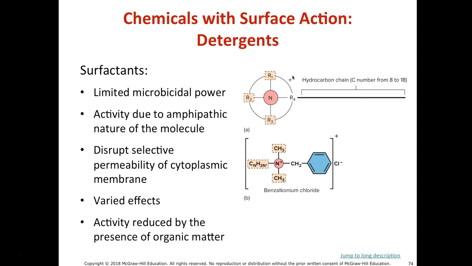We will see that there is a variety of effects, and their activity can be reduced by the presence of organic matter. We'll also see that they function best in alkaline solutions, or a basic type of solution.